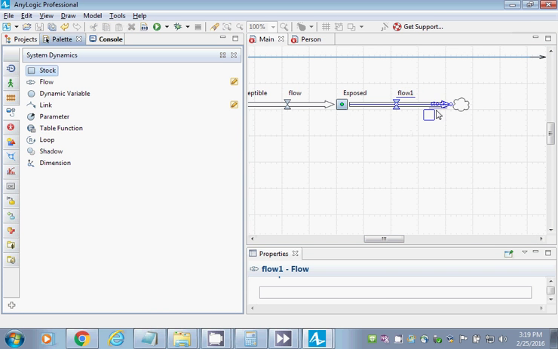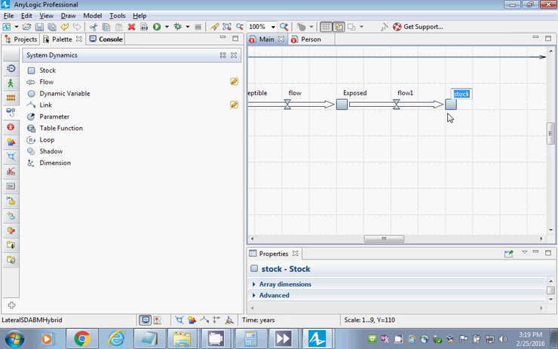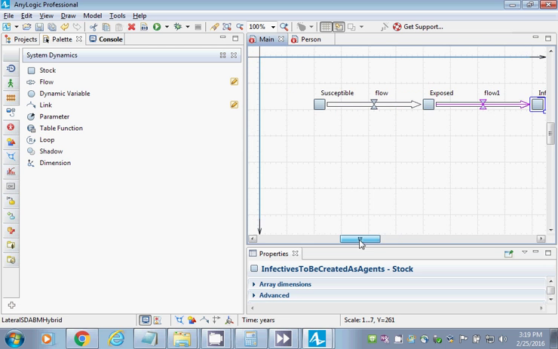Are we okay with that? Okay, so let's do this. This flow from susceptible to exposed will be called infection. The flow from exposed to infective will be called completing latency.